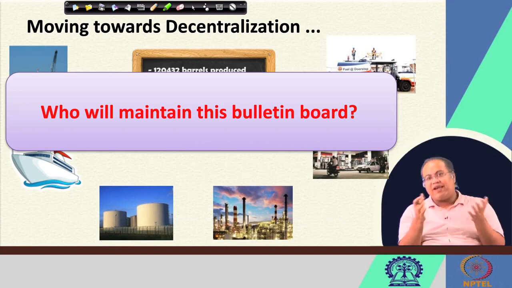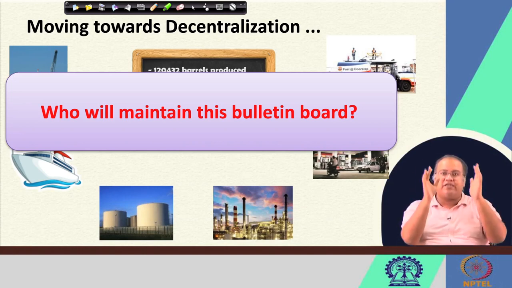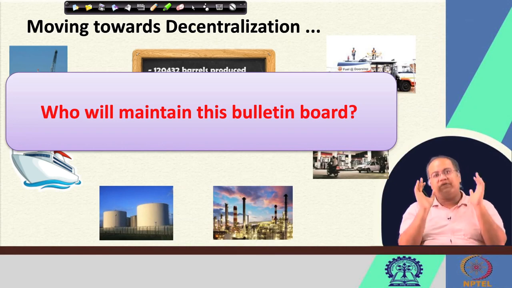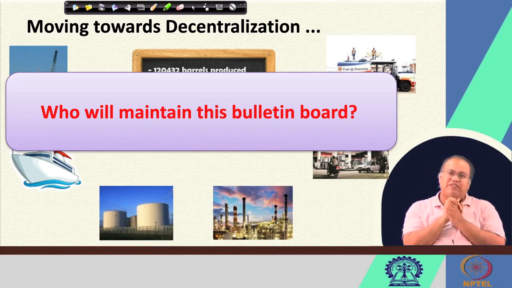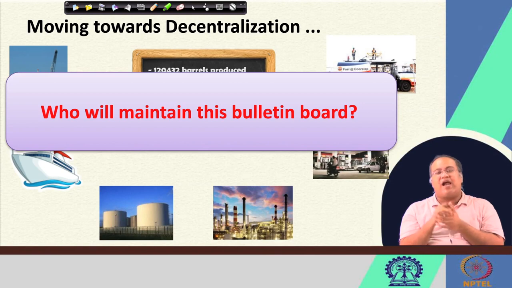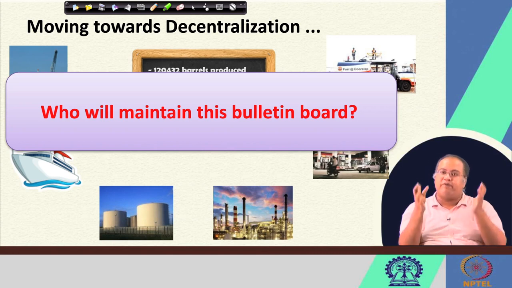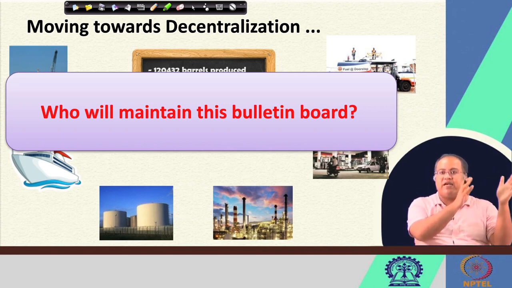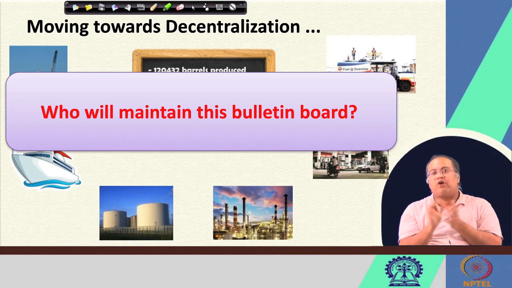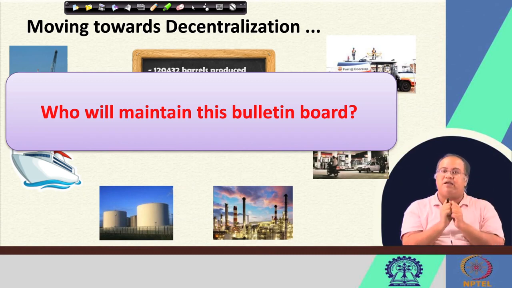It might happen that you can argue that government is going to maintain that, but even if government is going to maintain that, there happens to be a lot of debate. We have seen that earlier in different use cases, for example, during the maintenance of the Aadhaar database. That is one of the prominent use cases where government is providing a service, they are maintaining a database, but then there is a lot of debate about what the security of that database is.